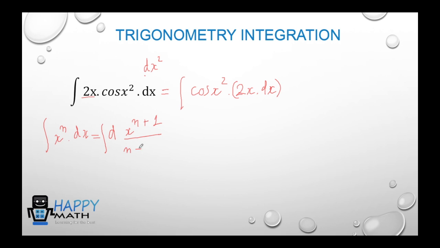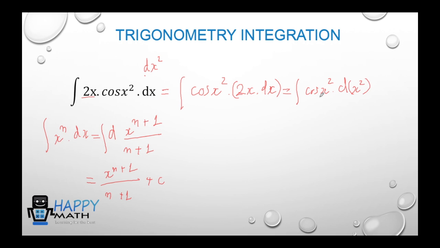Divide by n plus 1, plus c. Okay. So from this one, I integrate the 2x first, and when you do that, you have the result d of x power 2 in this one.